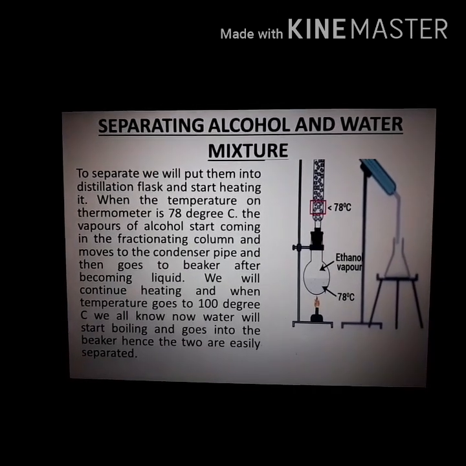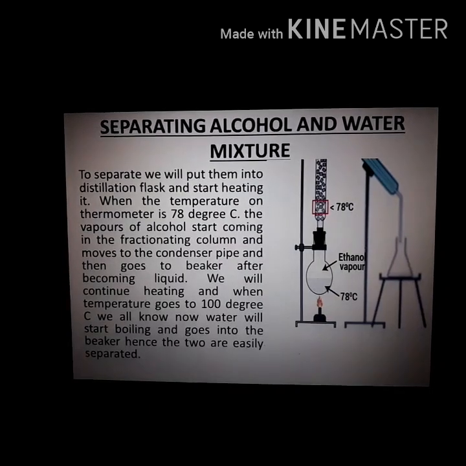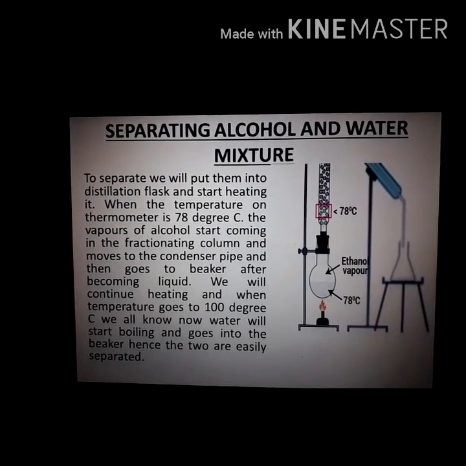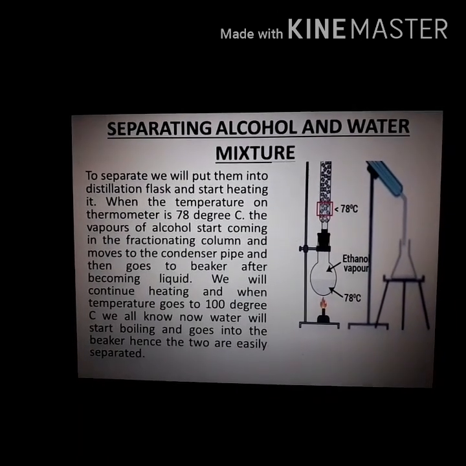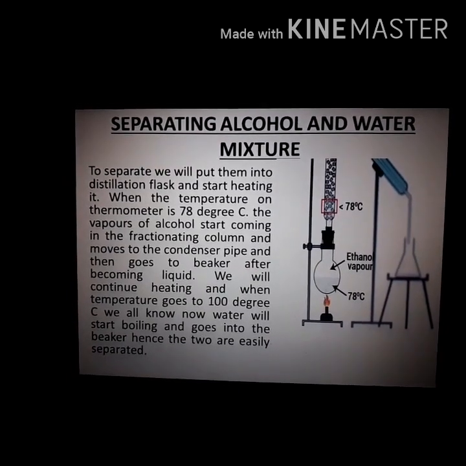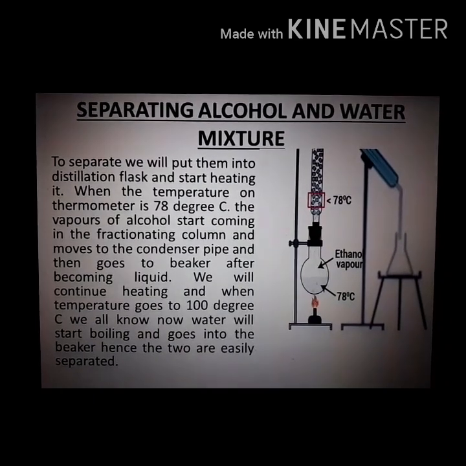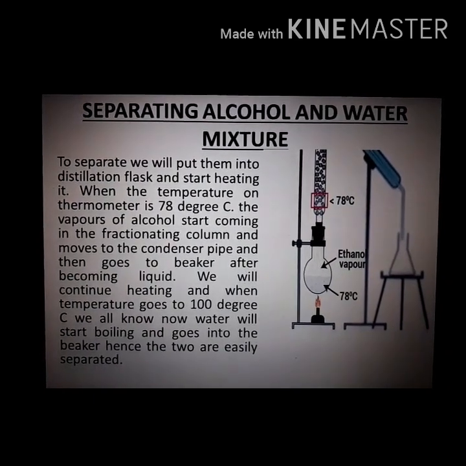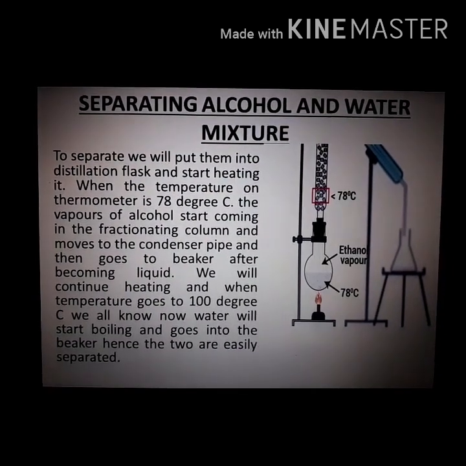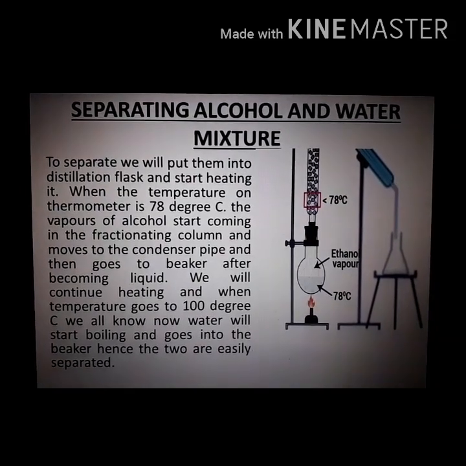You all know that alcohol, or in scientific terms ethanol, has a boiling point of 78 degrees Celsius. To separate them, we put the mixture into the distillation flask and start heating it. When the temperature is 78 degrees Celsius, the vapors of alcohol come through the fractionating column and move to the condenser pipe, and then go to the beaker after becoming droplets of liquid.